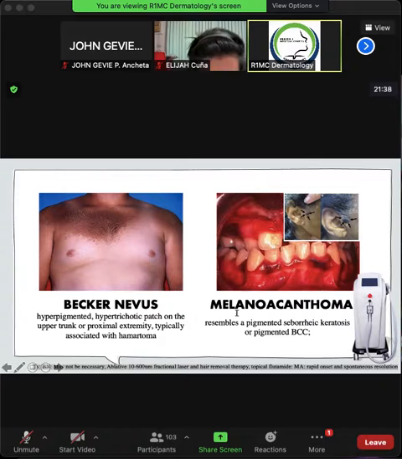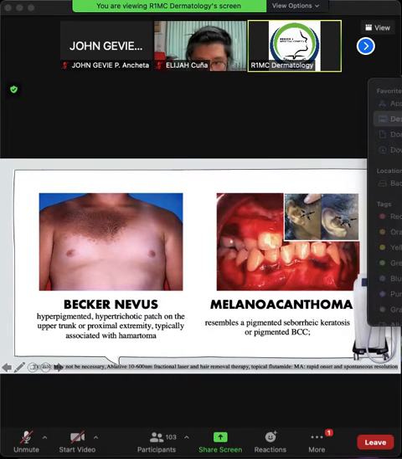While your melanoacanthoma, this can be seen on the skin, and your differential diagnosis for your melanoacanthoma may be your pigmented seborrheic keratosis, as seen here, or your pigmented BCC. However, it can also be seen on your mucosal area. So we also have your oral melanoma.